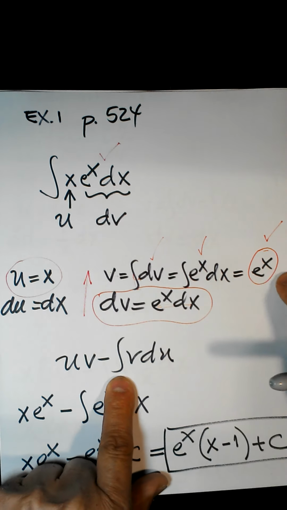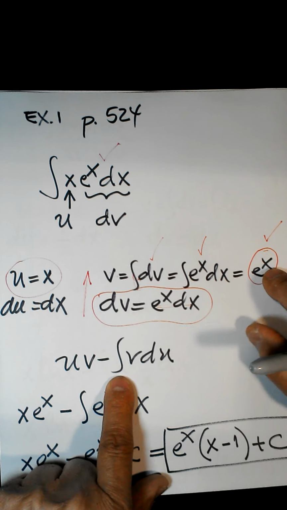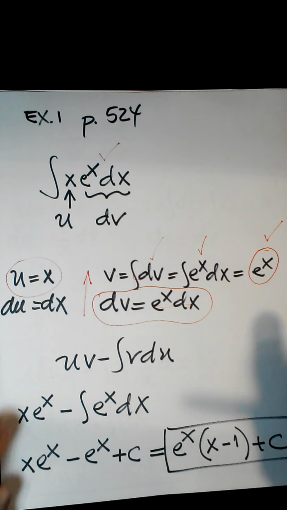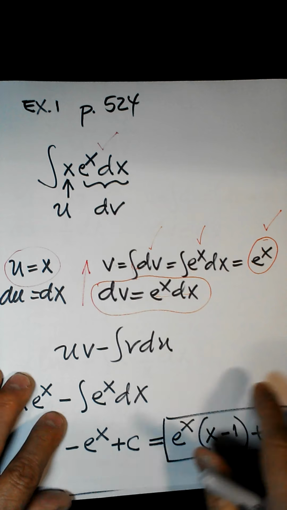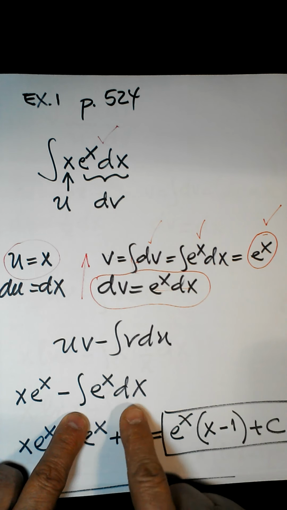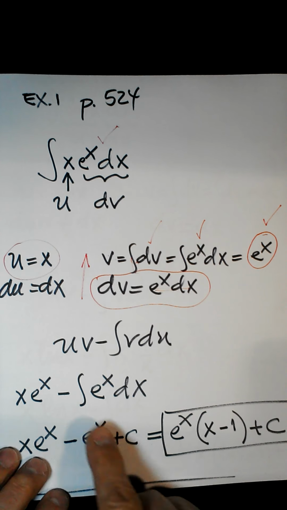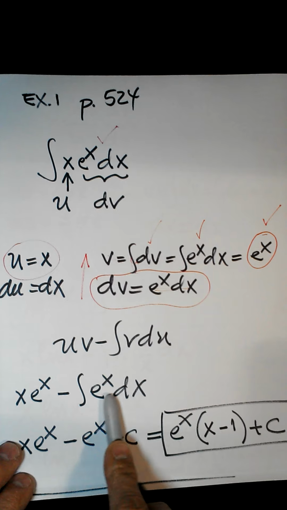So because we write v as a function with x, then I pick the du. Therefore, uv minus the integral of v du. So now I have this piece as answer, but I need to find this integral.